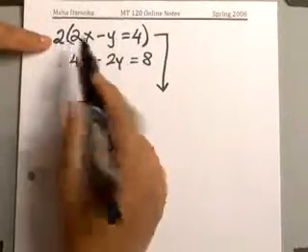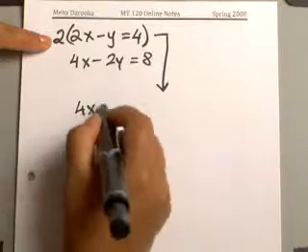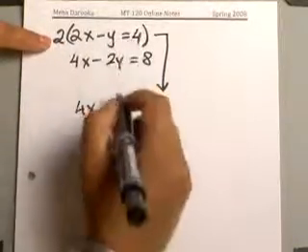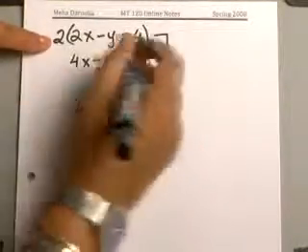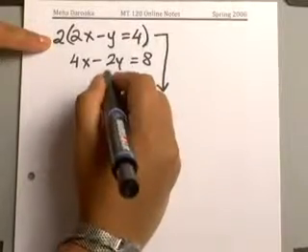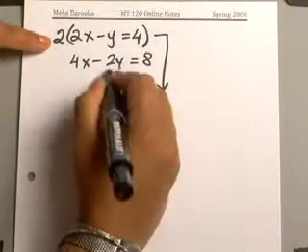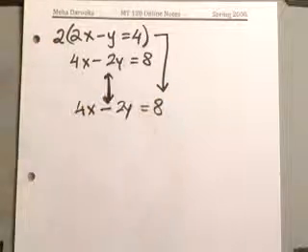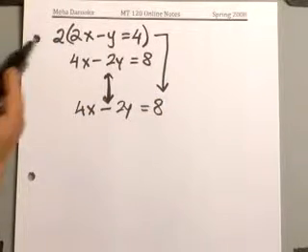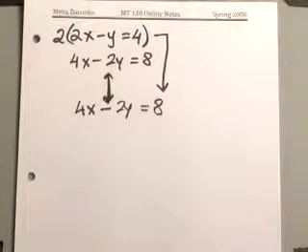You will end up with 4x minus 2y equals 8, and you will see this is the exact same thing as our second equation. So basically our second equation is twice our first equation, and that's the reason why both the equations had the exact same line as their solution.